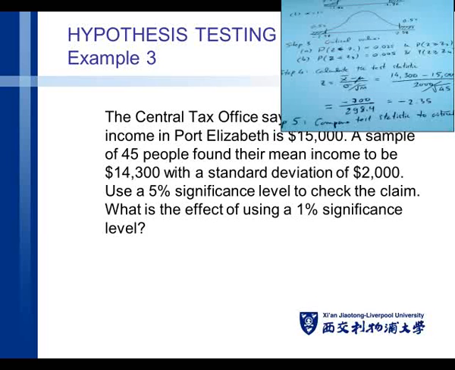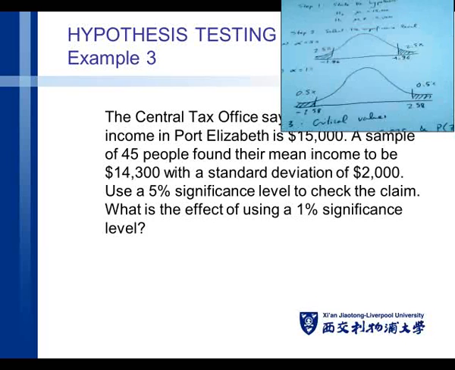The test statistic is minus 2.35. Where does that fall here? Left, middle, or right?